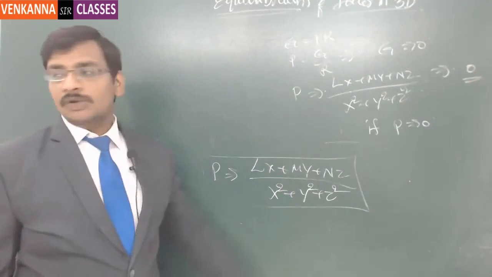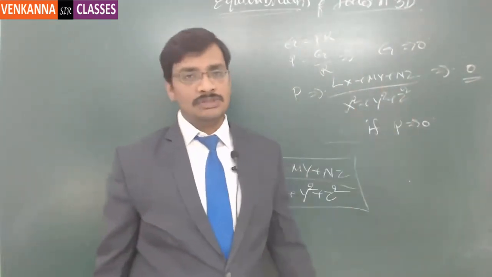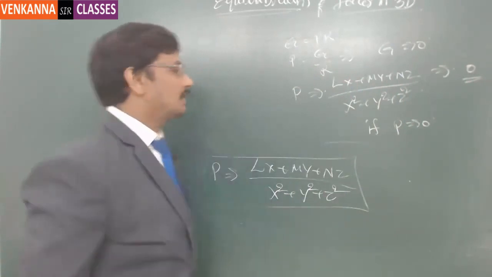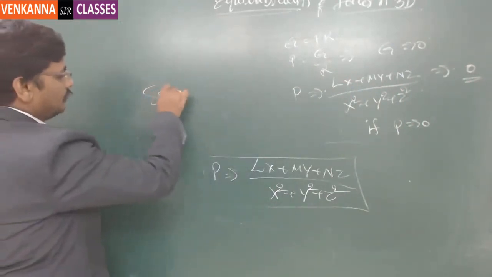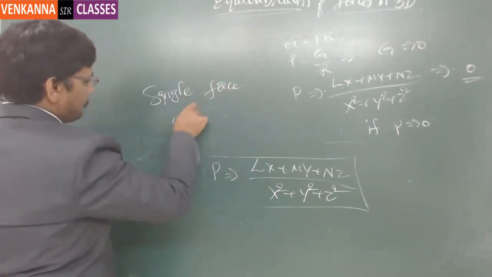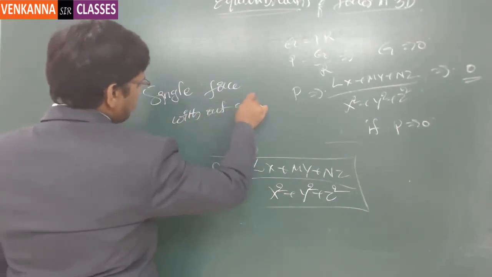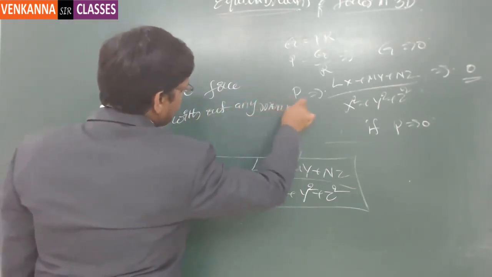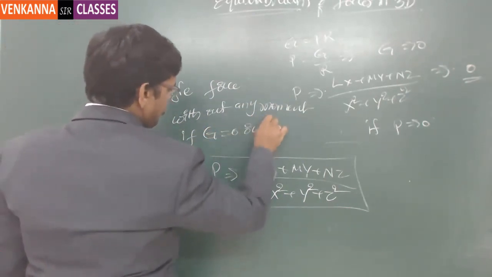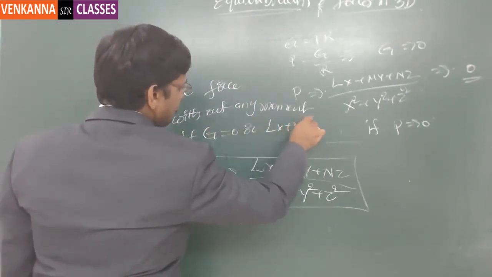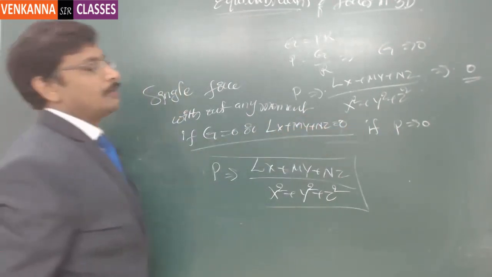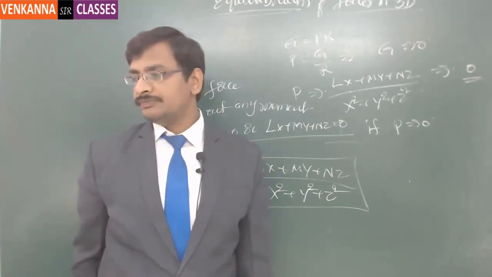That means if the numerator Lx plus My plus Nz equals 0, or if G is equal to 0, in both scenarios it results in a single force without any moment. So these are the fundamental understandings you should have. Got it?